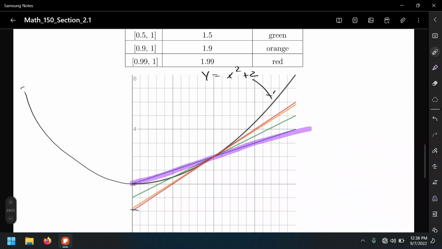All right, so these are secant lines. And it looks like the red one is very close to being the tangent line.